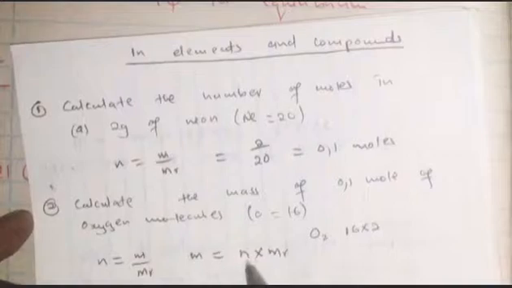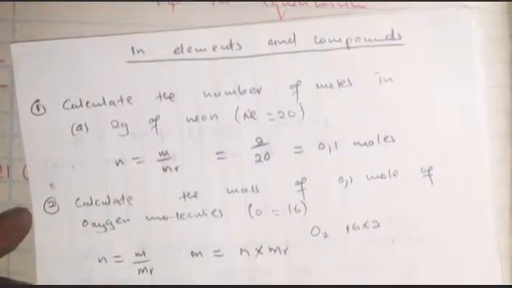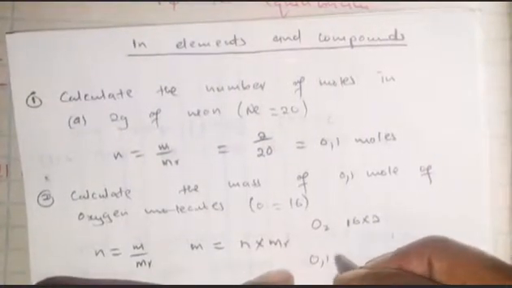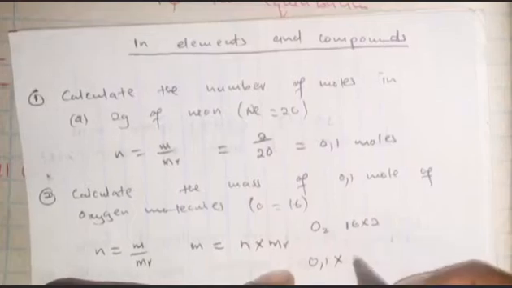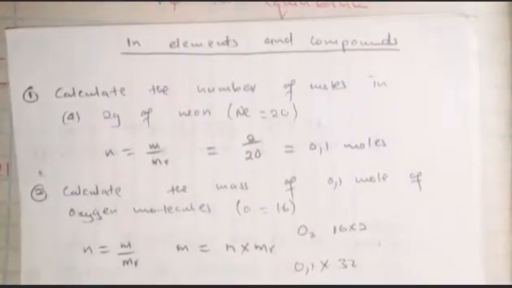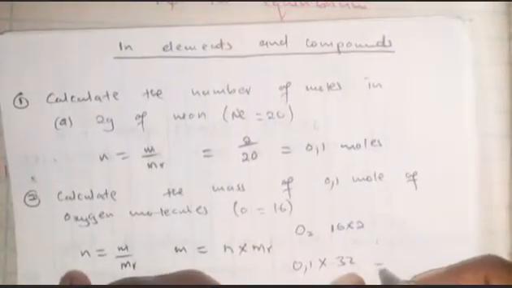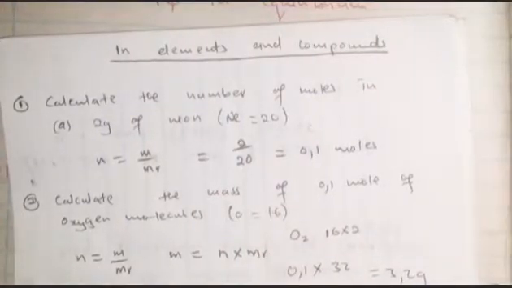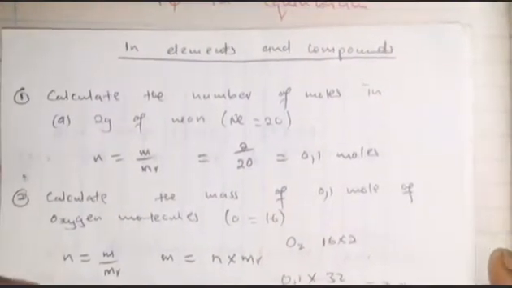The question is giving us 0.1 moles multiplied by the molecular mass, that's 32. So that's 0.1 multiplied by 32, and it gives us 3.2 grams.